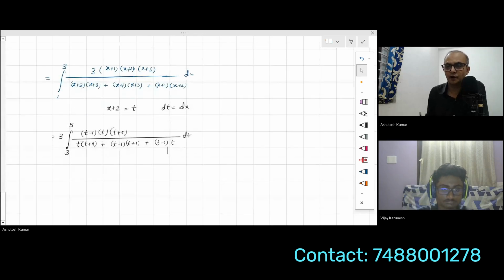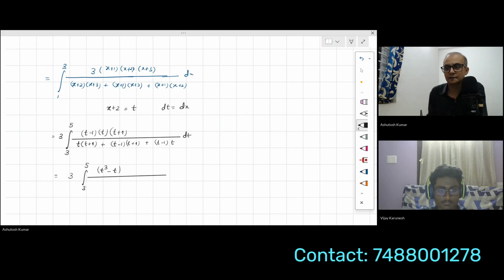So tell me what will happen to the numerator. t cube minus t, correct? Yes, sir. And in the denominator, what can we write? t squared plus t, plus t squared minus 1, and t squared minus t.